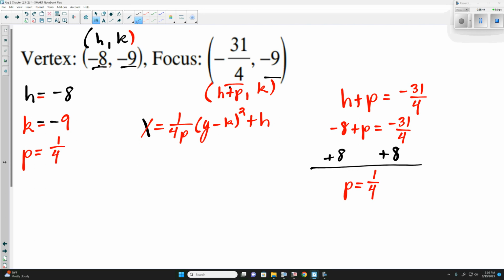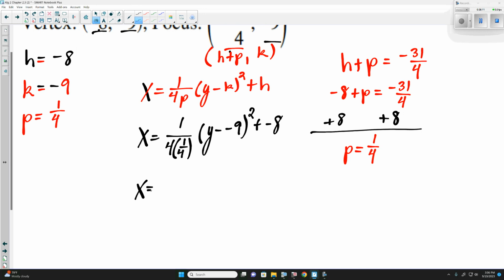Now we can plug all this back in. We'd say x is equal to 1 over 4 times our value p, which is 1/4, times y minus k, well, our k value is -9, plus our h value, which is -8.